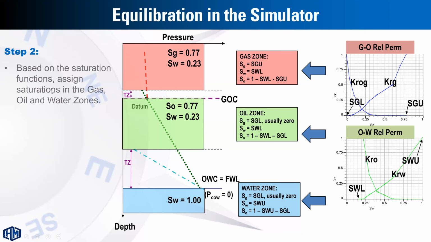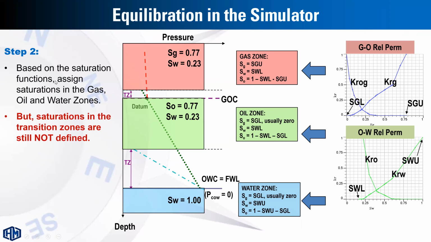So next step, based on the saturation functions, as mentioned, for the gas oil relative mobility and oil water relative mobility, we can define the minimum water saturation, and also the minimum water saturation across the gas zone. And the problem, as mentioned, will be the saturation across the transition zone, which is not defined.